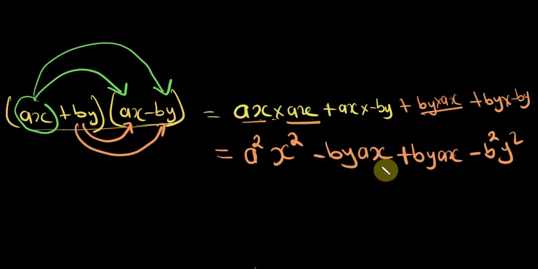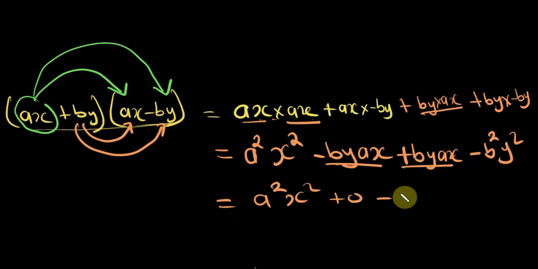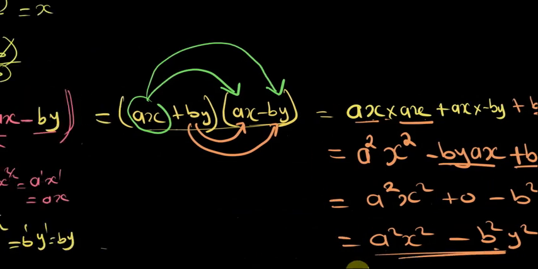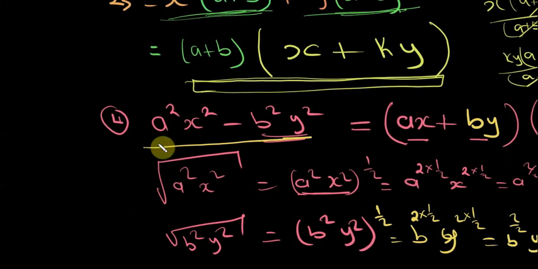Minus axby plus axby, this one and this one come to 0. It becomes a squared x squared plus 0 minus b squared y squared, which is the same thing as a squared x squared minus b squared y squared. So there you have it, exactly the same as what we have there.